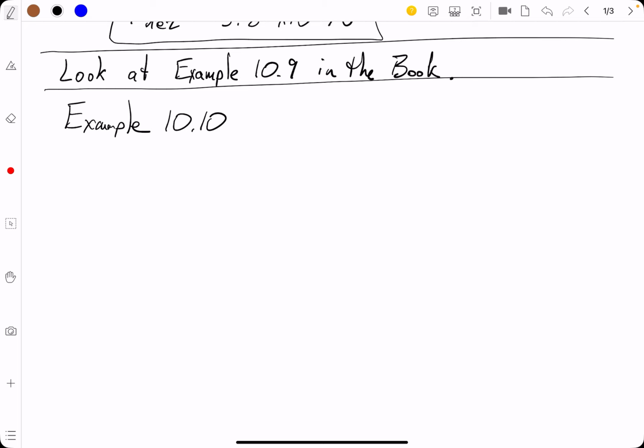We want to calculate the speed of a rolling cylinder going down an incline. All right. So here's our incline. Here's our angle theta. I'm going to draw a cylinder here. Good luck.